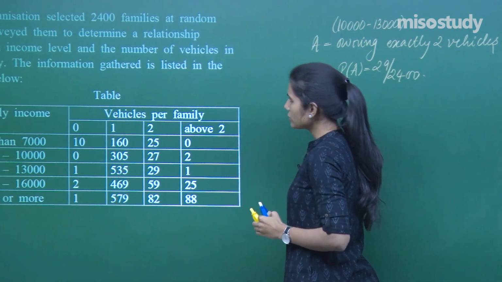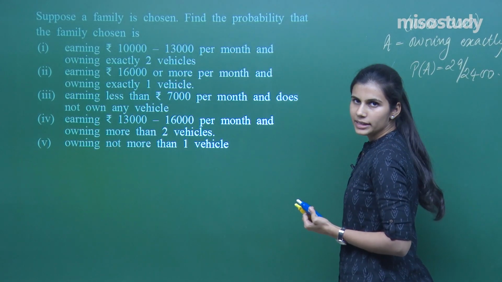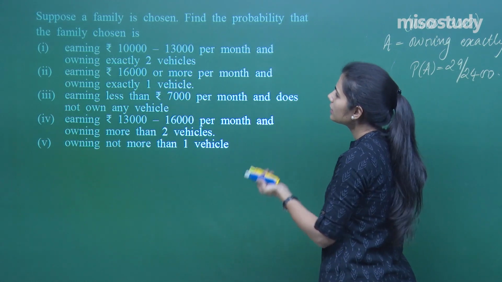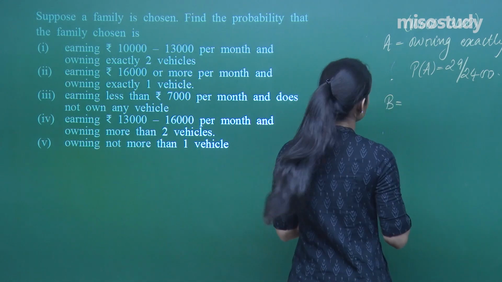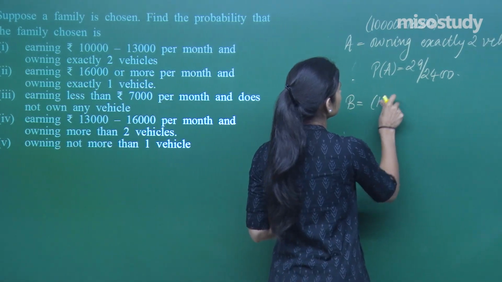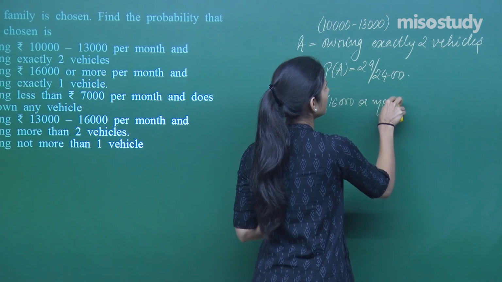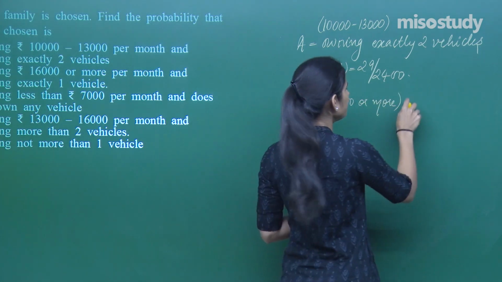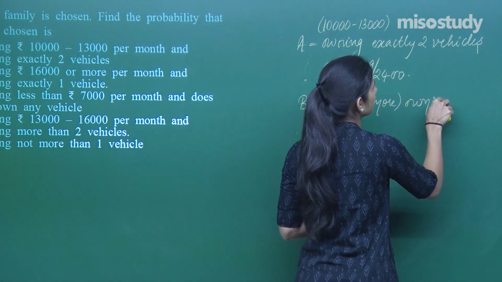Let's see what is the next question. If a family is chosen, what is the probability that the family is earning 16,000 or more per month and owning exactly 1 vehicle? So, 16,000 or more, that is the range of the income, and owning exactly 1 vehicle.